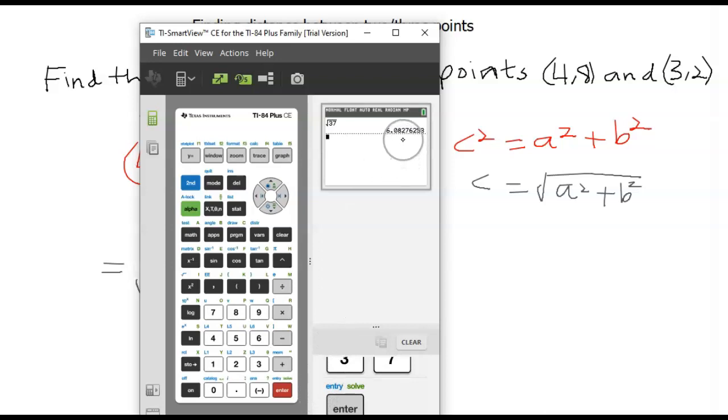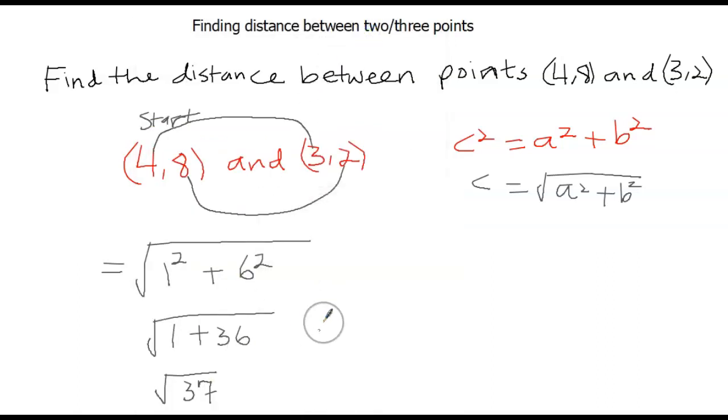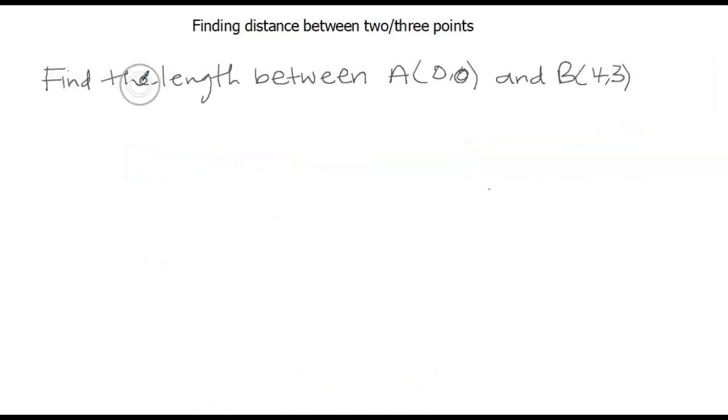But we are just leaving our answer in one decimal place, so it's just going to be 6.1 units. And you're done.